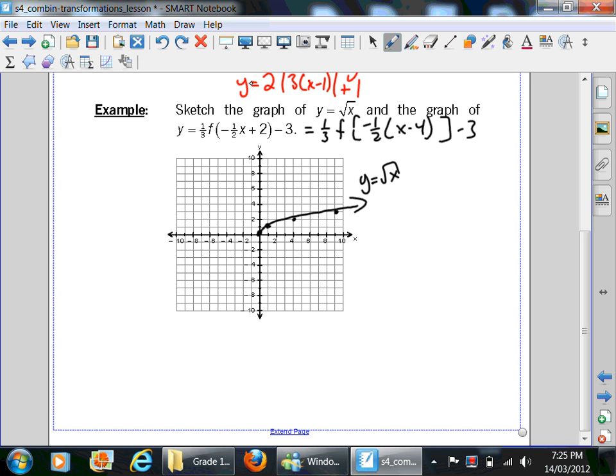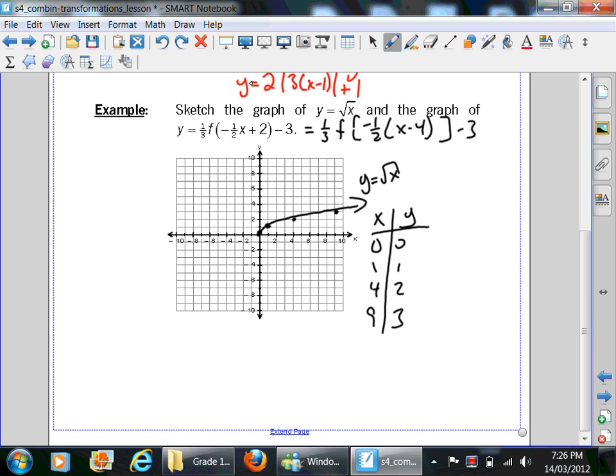So start off with the stretches and compressions. So again, we'll do a table of values here. x, y, and we might as well pick these nice values that we chose before. So that would be 0, 0, 1, 1, 4, 2, and 9, 3.